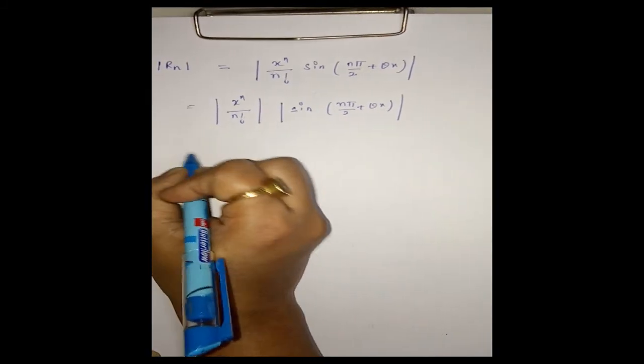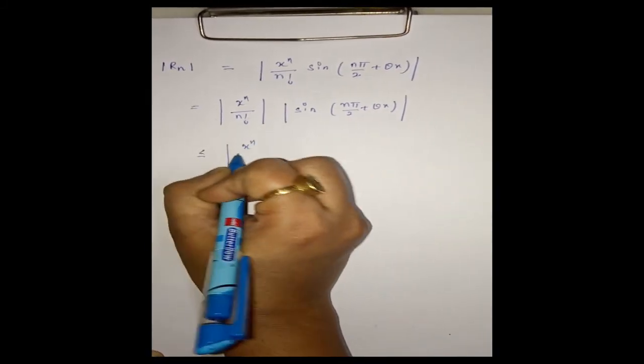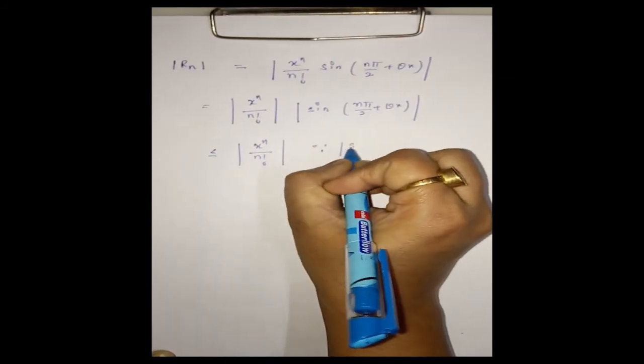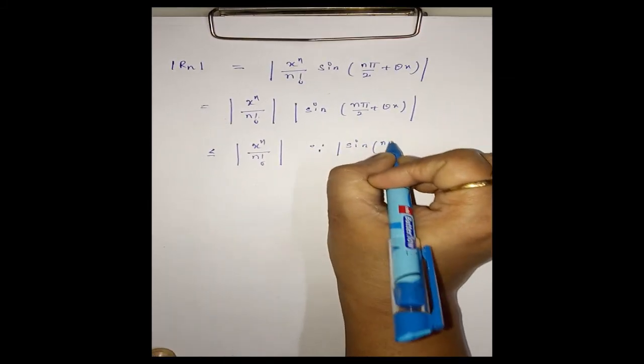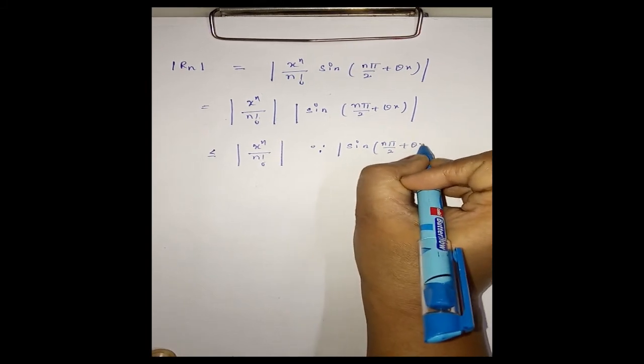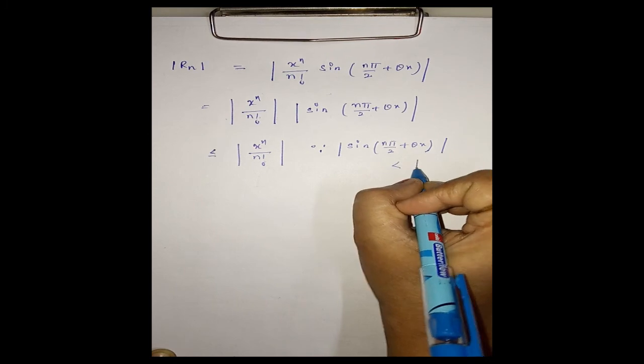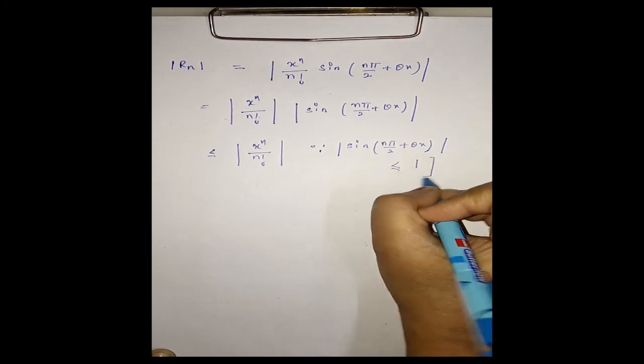Now clearly this is less than or equal to mod x^n by n factorial, since sin(n pi by 2 plus theta x) is less than or equal to 1.